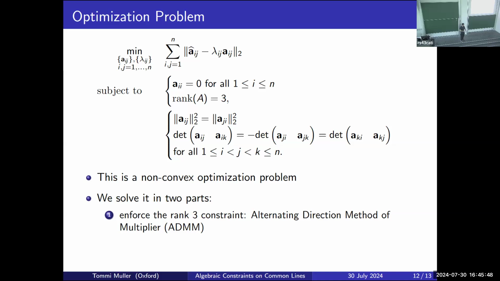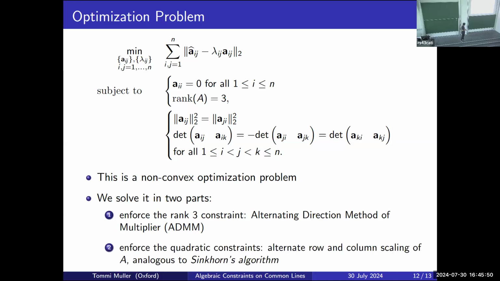And then once you have your rank 3 matrix after ADMM, we try and enforce these quadratic constraints. And these constraints are nice enough. They're homogeneous, but they're also separable in some sense, so that you can find optimal row and column scalings so that these equations are met as best as possible.